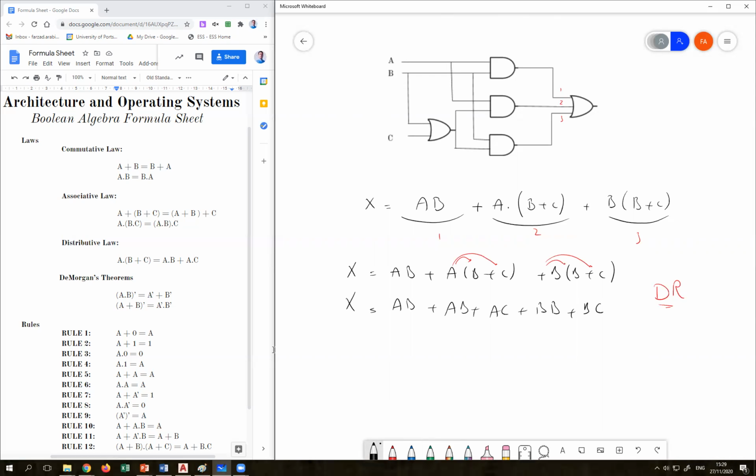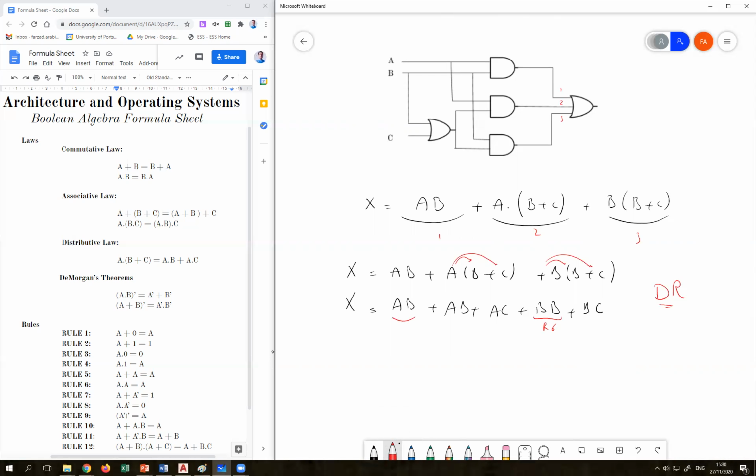Look, guys, in rule 6, we see that there is no need to repeat: BB is B, AA is A. Not only that, in rule 5, A plus A is the same as A.